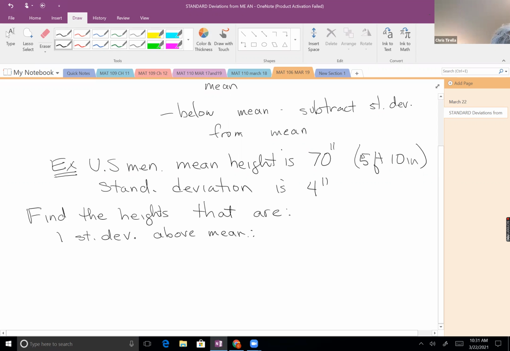Well, for one standard deviation above the mean, I'm going to take the mean, and because it's above, I'm going to add a standard deviation. And so the mean is 70. The standard deviation is 4. So does it make sense that that would be 74 inches? One standard deviation above the mean.